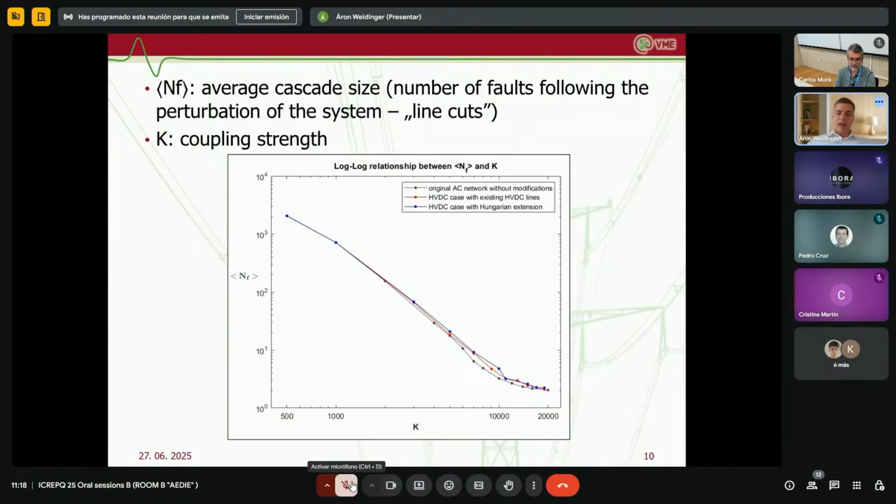After that, we recorded the average number of lines that failed as a result, shown here against the coupling strength. And unfortunately, there was no clear improvement. In some cases, adding HVDC even led to larger cascades, likely due to rerouting effects and practically disturbing the graph itself.